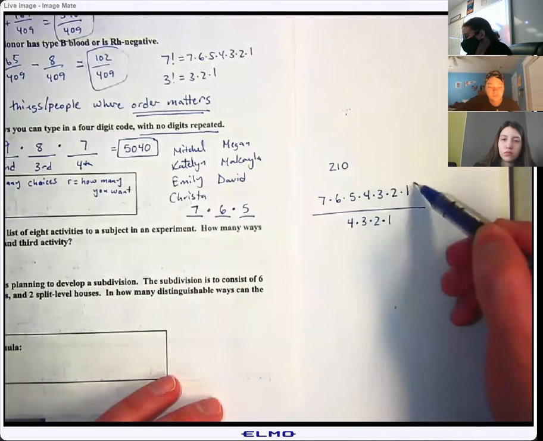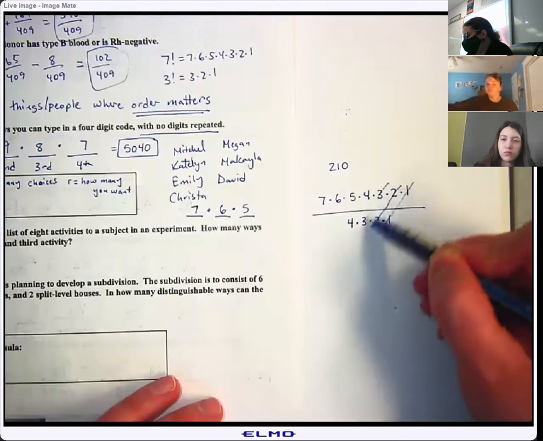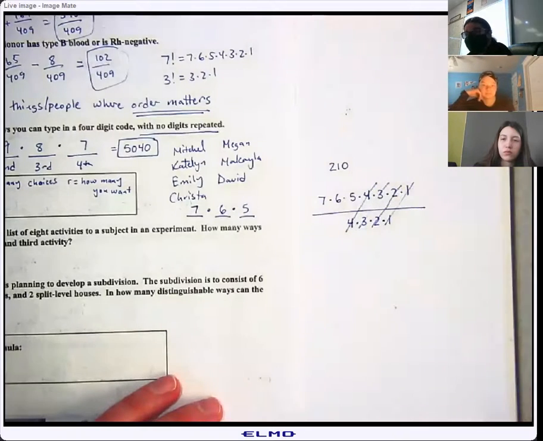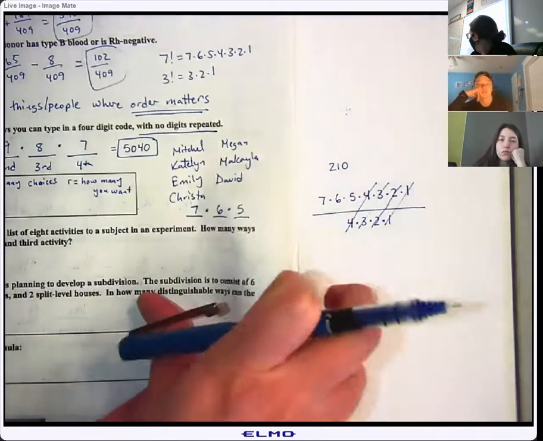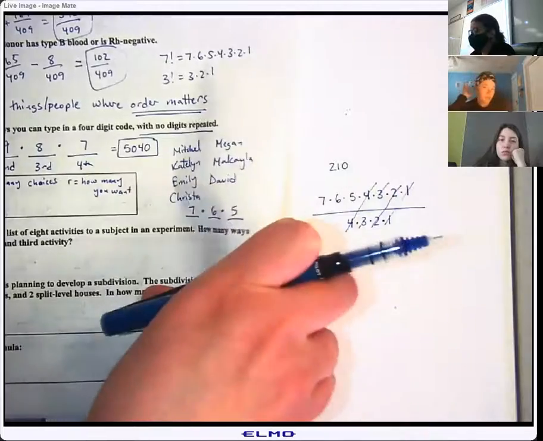Do you see how these all cancel out? And we're left with exactly what we wanted, which was just that 7, 6, 5. That's how permutations work. So you can do it 2 different ways. There's actually a perfect way to do it in your calculator. So we're going to do both of them right now.